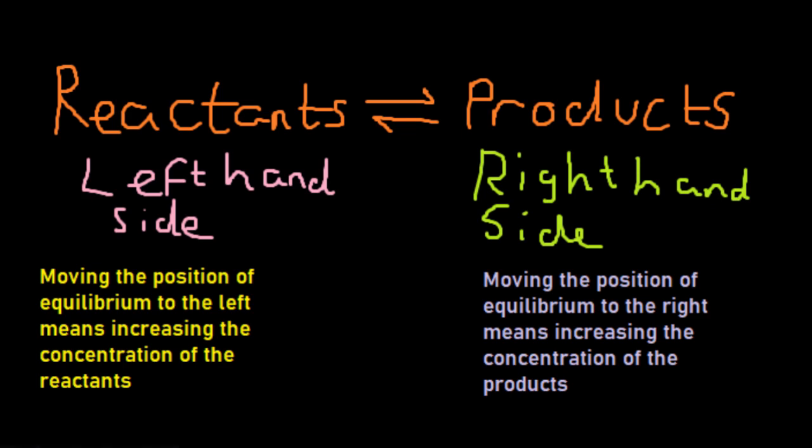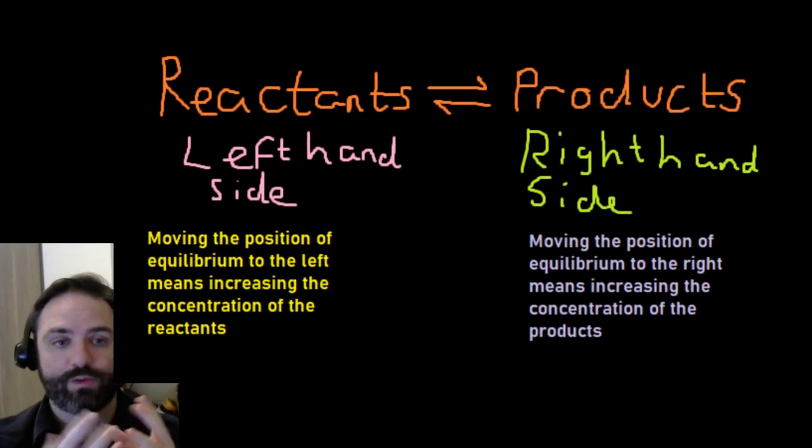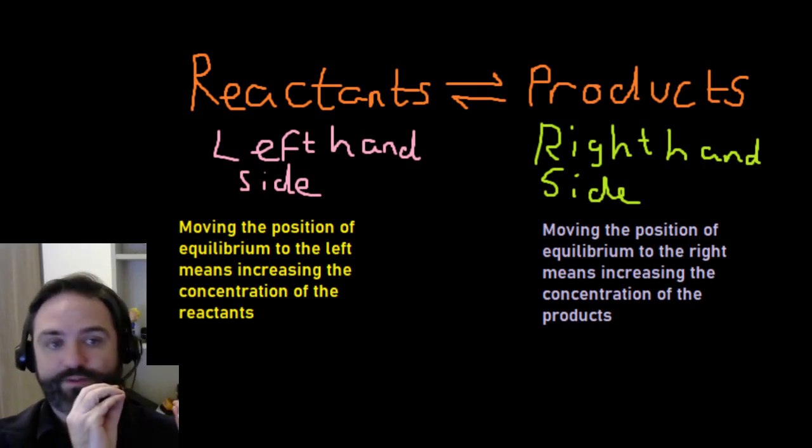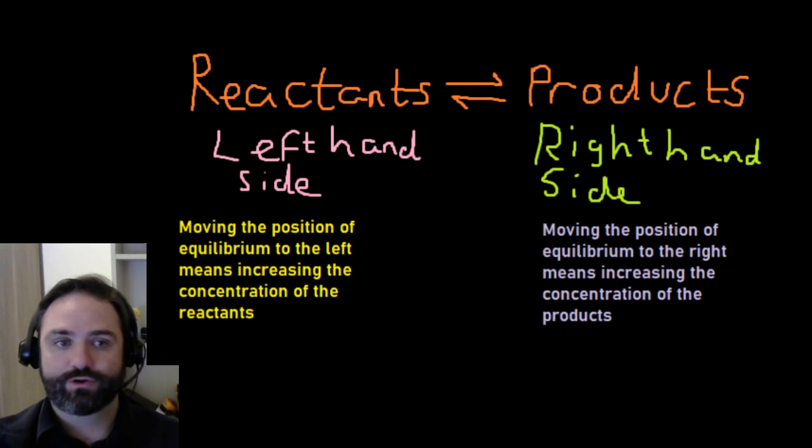And the way we describe that is by saying it moves to the left or it moves to the right. If it moves to the left, it does more of the backwards reaction and we get more of the reactants. If it moves to the right, it does some of the forward reaction and we get more of the products.